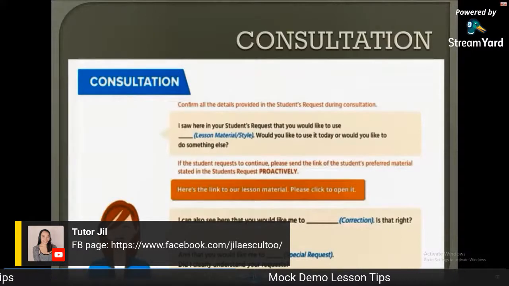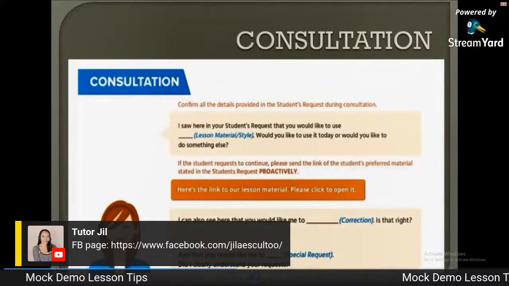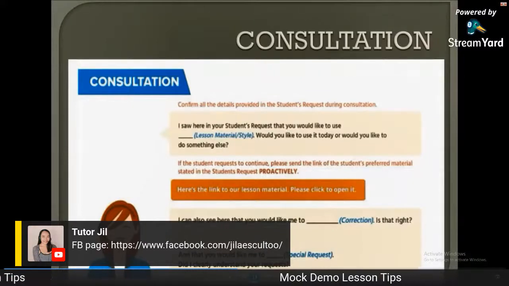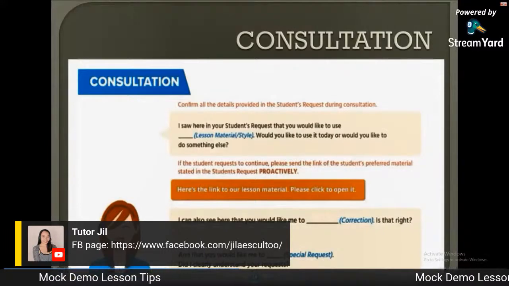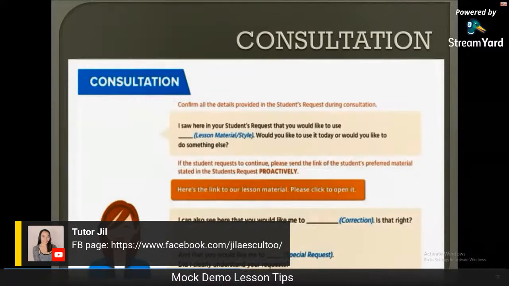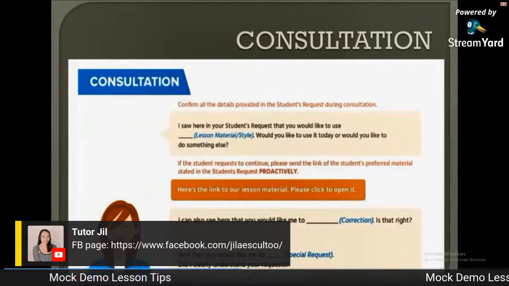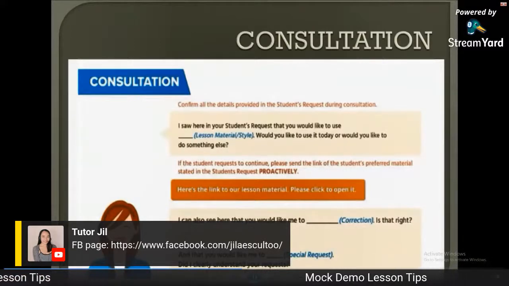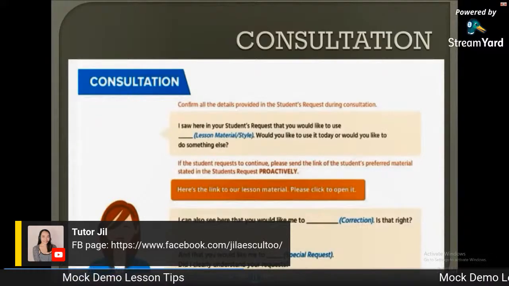Next part is the consultation. Please make sure to confirm all the details provided in the student's request during the consultation. This is where the student's request is very much needed. You can say, I saw here in your student's request that you would like to use original materials.